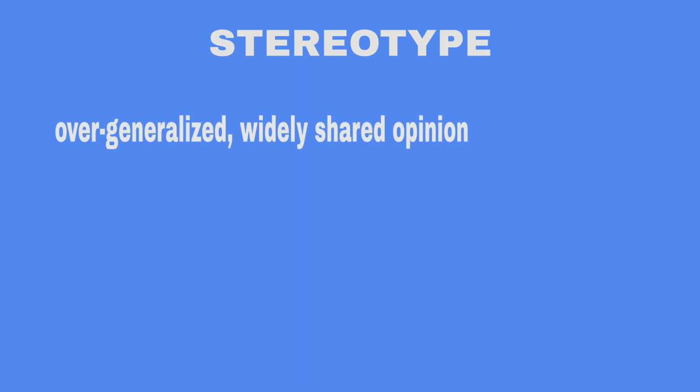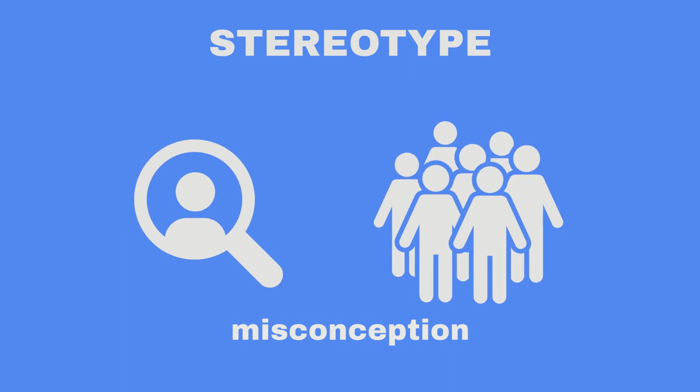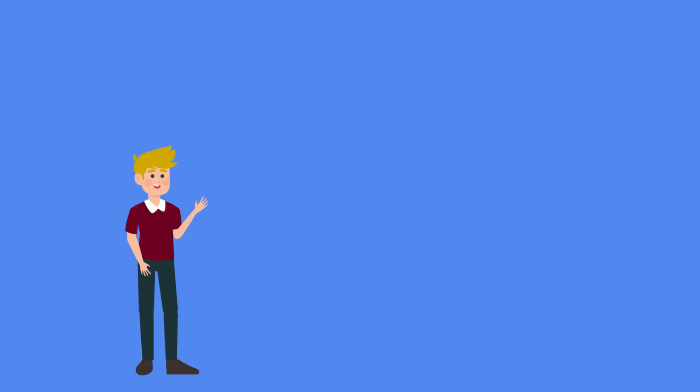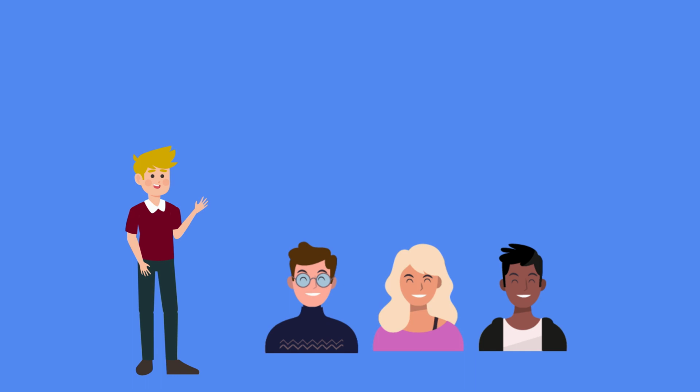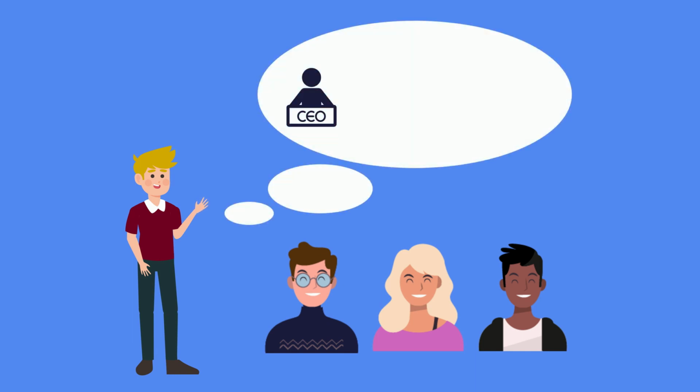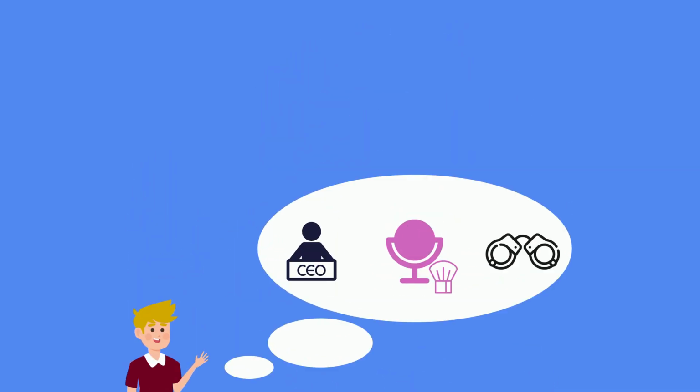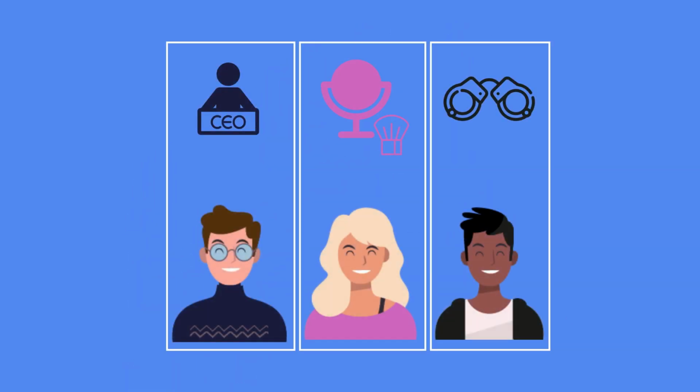A stereotype nowadays is an overgeneralized, widely shared opinion, notion, image, or idea about a person, place, or thing. It's a common misconception associated with traits of individuals or groups. This means that we use stereotypes to reduce the processing we must do when meeting a new person. We categorize them under a preconceived marker of similar attributes, features, or attitudes we observe.